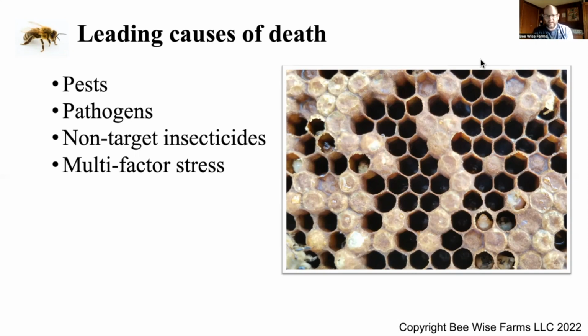Pathogens also are something that really cause a lot of problems for us as beekeepers. Now, there's been times in beekeeping history here in the United States where we've actually had some really bad pathogens, and American foul brood is something that came up in the United States and really almost brought the U.S. honey production industry to its knees.